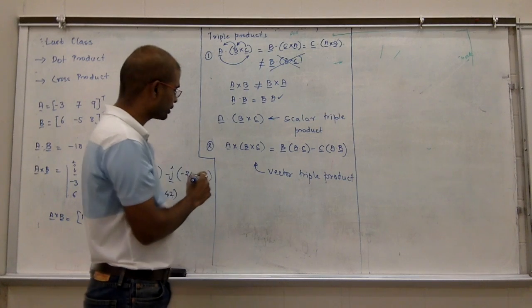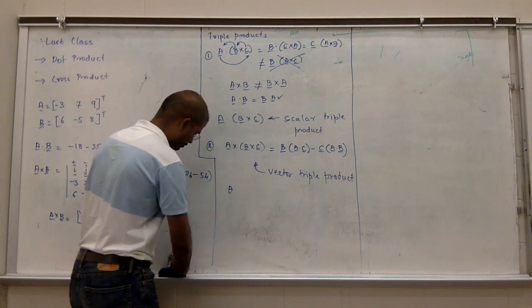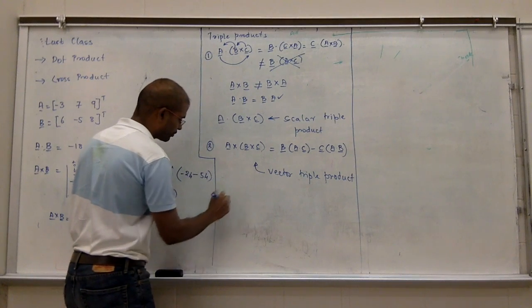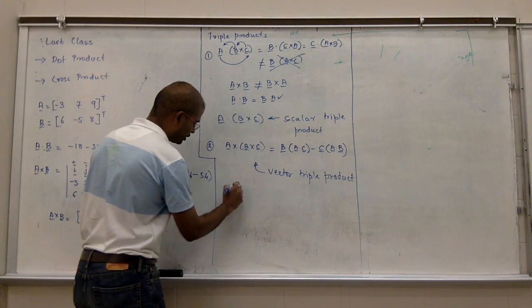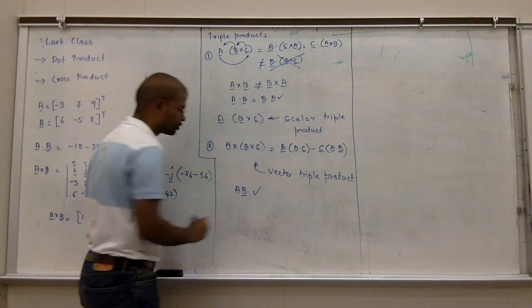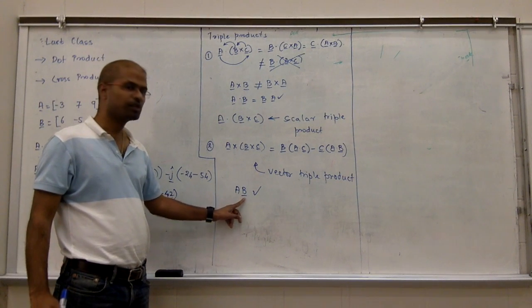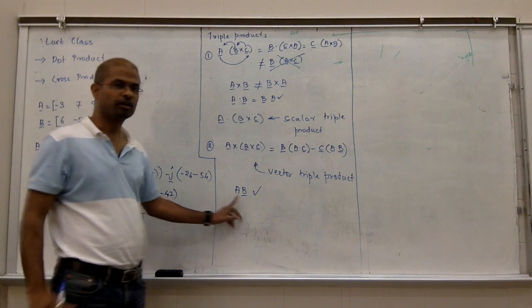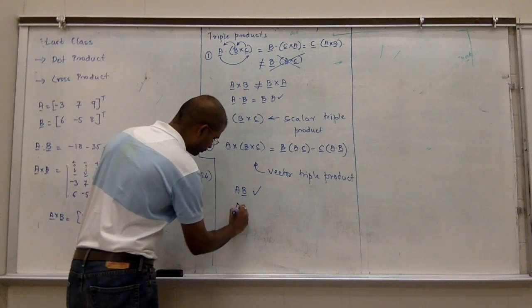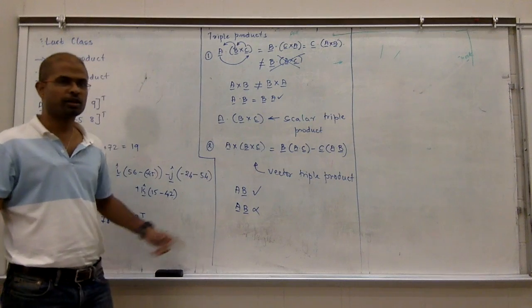Here, what this means is this vector B is multiplied by the scalar A dot C. This is okay. This is not okay. This is not defined.